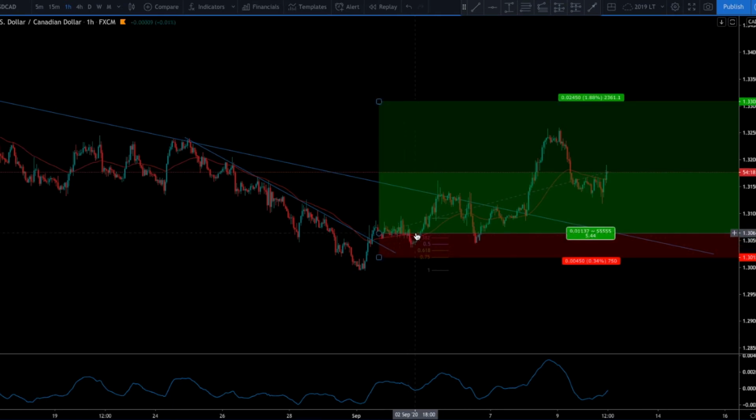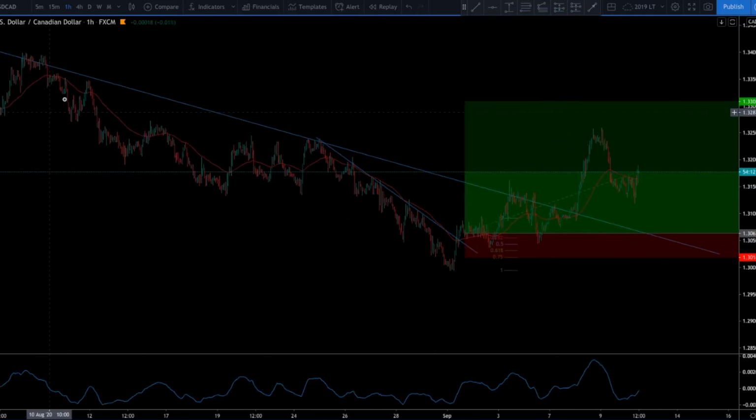and I did not want to take profit at this larger trend line just because it wasn't a good enough risk reward for me at the time.